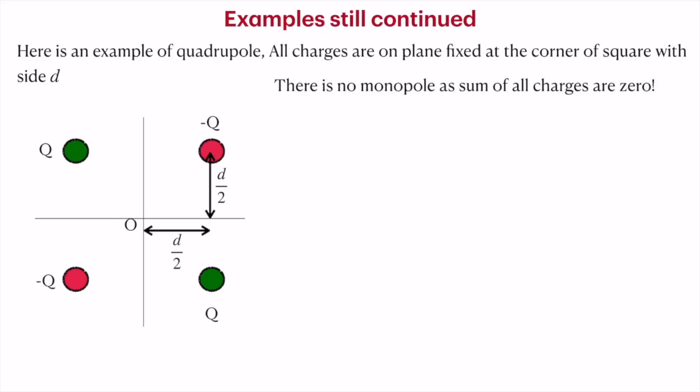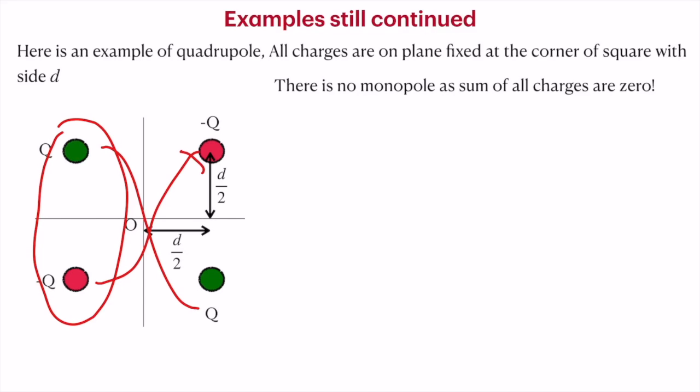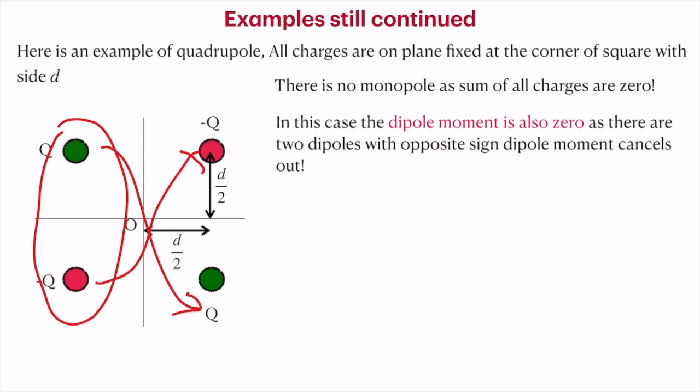You can see that this is like one dipole flipped around and placed at the same distance, so that makes the sum of the two dipoles also 0, and there is no total dipole moment.